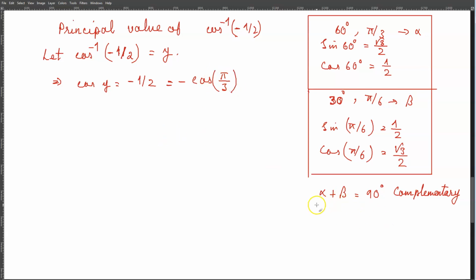Now, additionally, I know that the cos of negative x is equal to cos of x, which means that I can write this as cos of negative pi by 3, right?